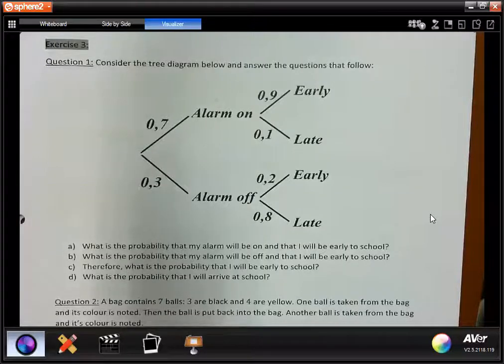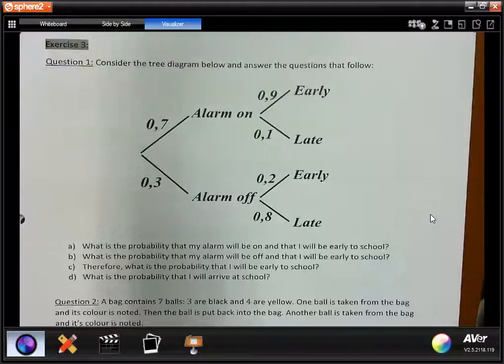Consider the tree diagram below and answer the questions that follow. This is obviously a morning vibe, where your alarm is on or off. There is a 0.7 chance that your alarm will be on and a 0.3 chance that it will be off, so 70%, 30%. Does that make sense?